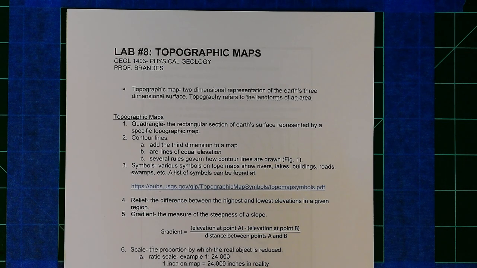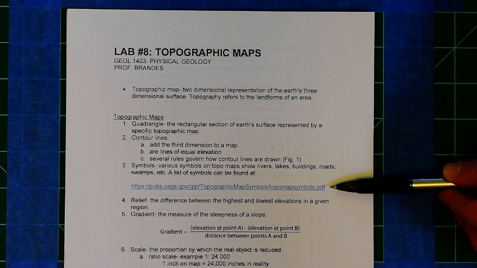And I should say when we talk about topographic maps, or topo maps as geologists refer to them, it's going to be called a quadrangle, and a quadrangle is simply the map sheet that you have. And on these maps, in addition to those lines of equal elevation, those contour lines, there's all kinds of other symbols that will show you where there's forests and orchards and swamps and coral reefs and shipwrecks and pipelines and all kinds of stuff.